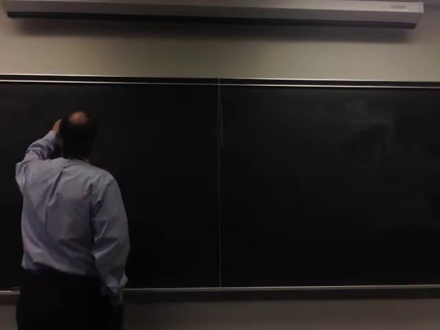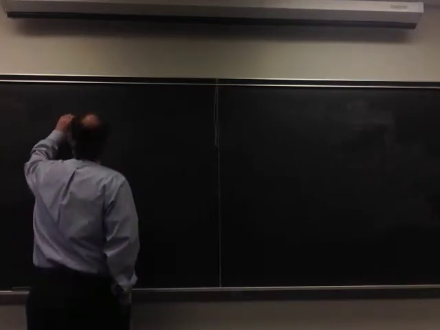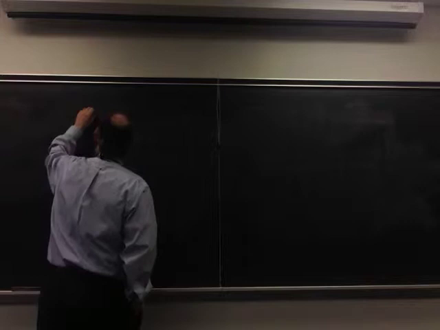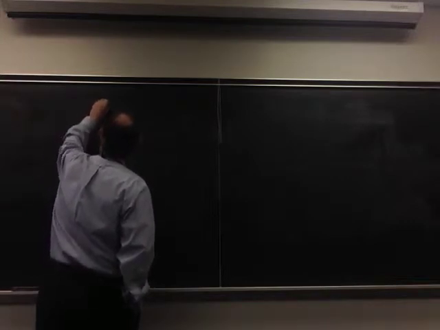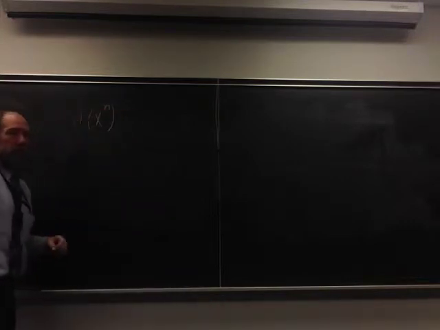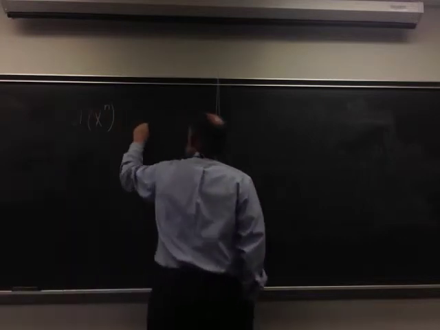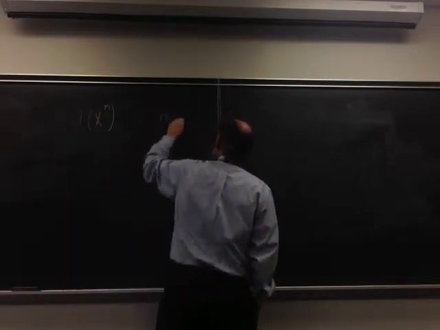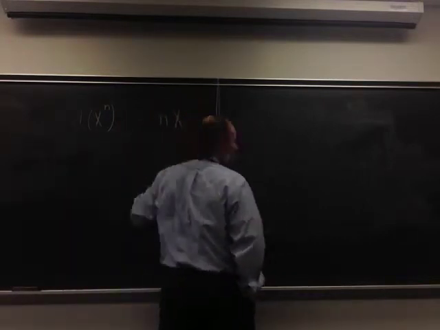So, the derivative of any function raised to the power of n is equal to n x to the n minus 1. That's what the rule is. So if you have any function raised to the power of n, multiply by that exponent, and then reduce the exponent.